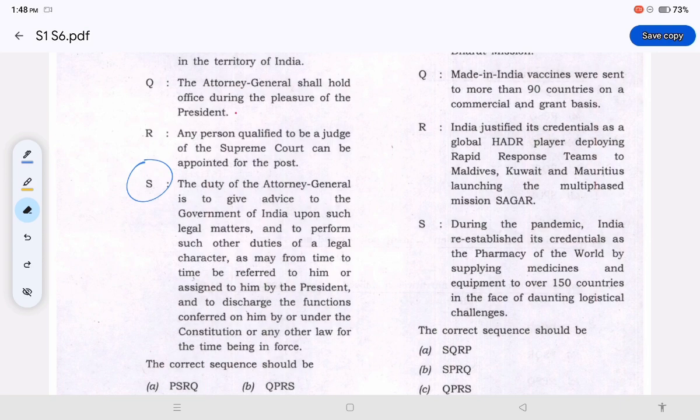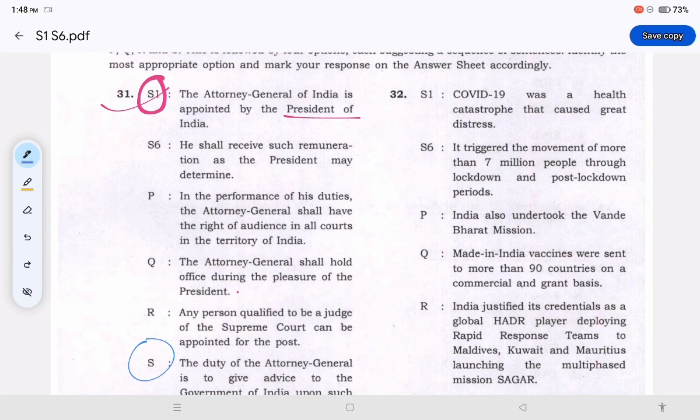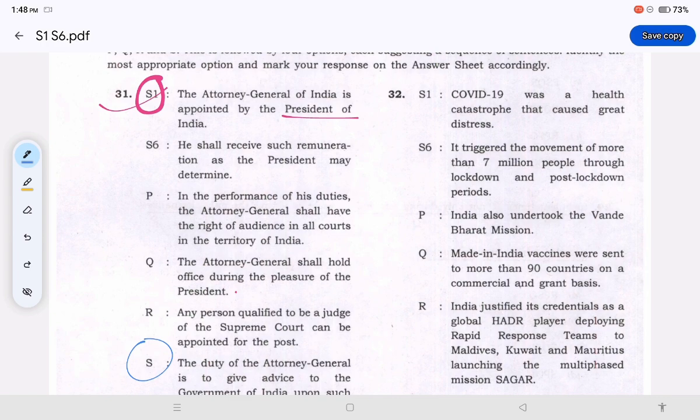And to discharge the functions conferred on him by or under the constitution or any other law for the time being in force. This sentence is very long, I understand, but you read the last part. We know that R is in the second one, so we cross this out.